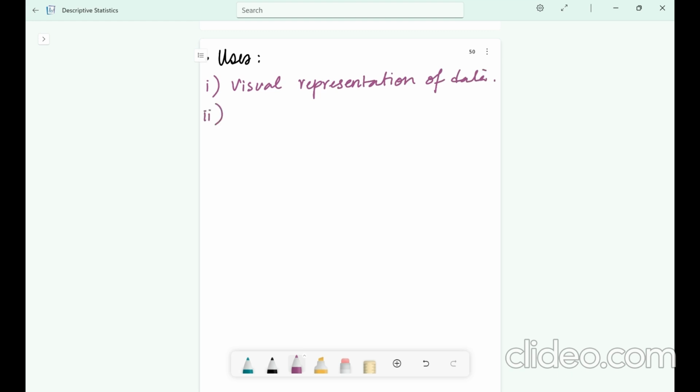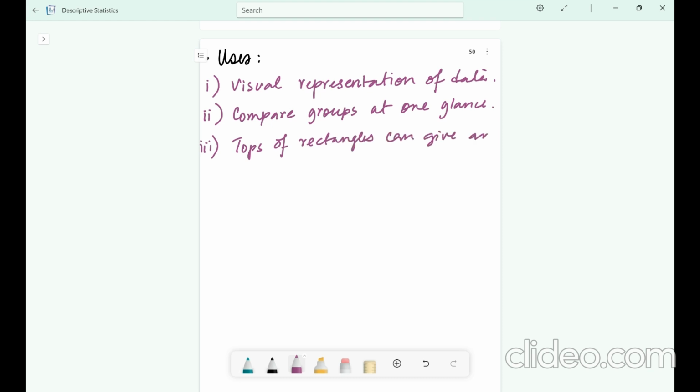Next, it helps compare groups at one glance. Number three is tops of rectangles can give an idea of the frequency curve.